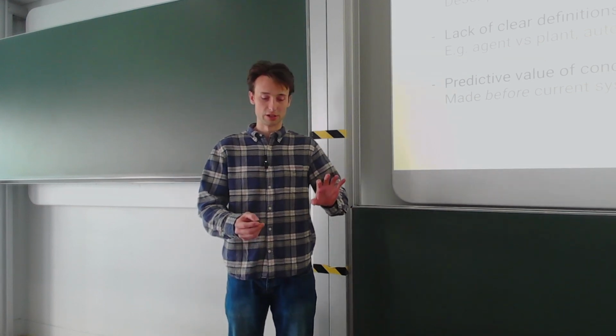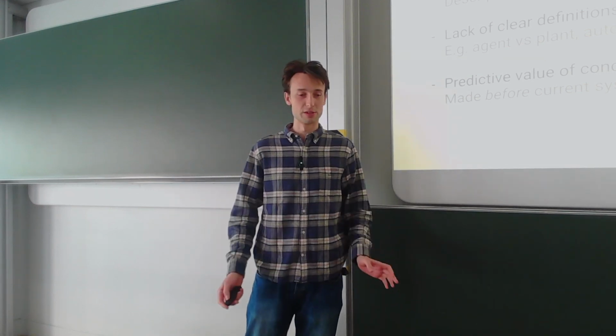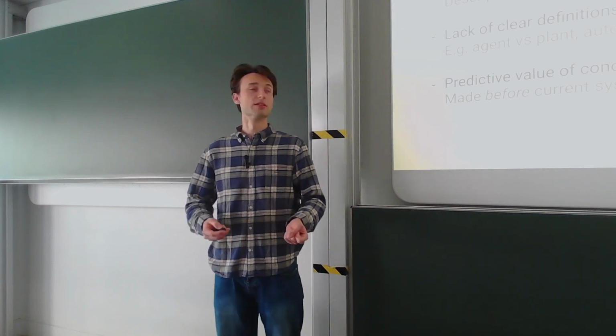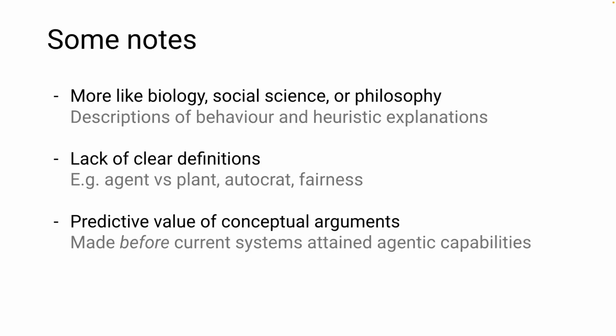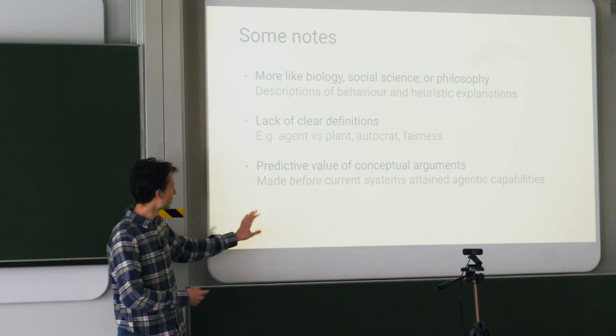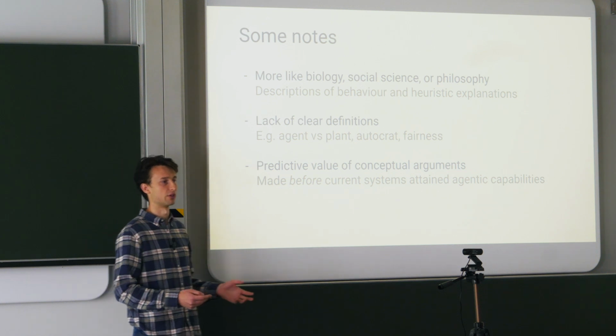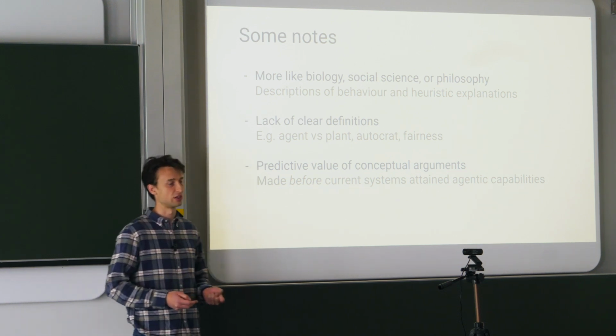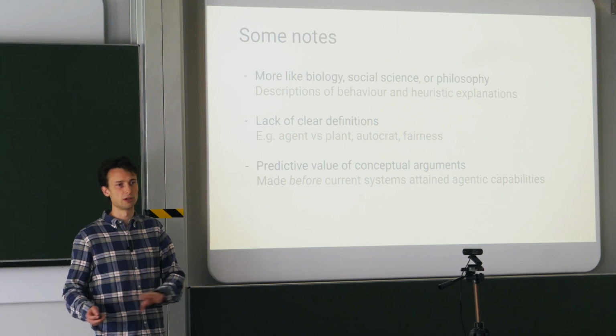And just as some justification why this is reasonable, I think in other fields, often there's terms which are a bit fuzzy and hard to define. So the concept of plant in biology, or autocrat or fairness, these are quite hard to define, and even in this biological setting, where nowadays we have quite a concrete idea of what a plant is using genetics, that just wouldn't have been possible 200 years ago.